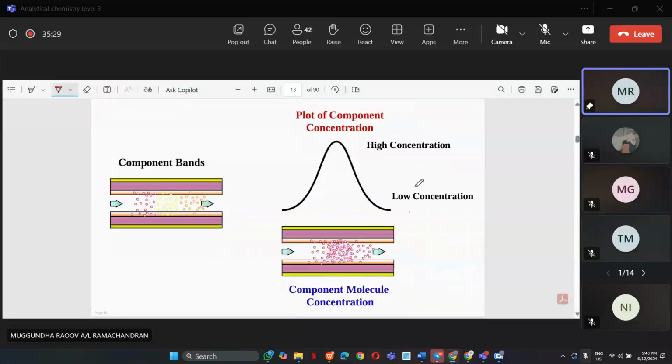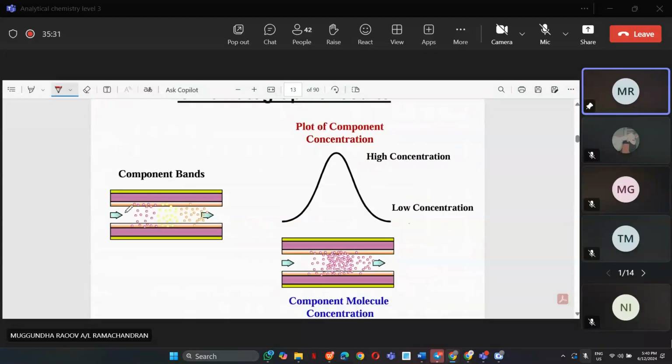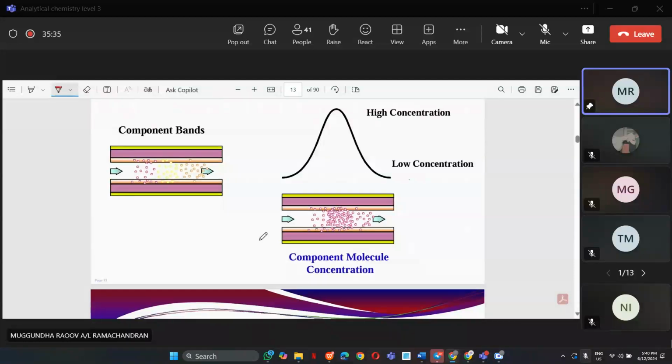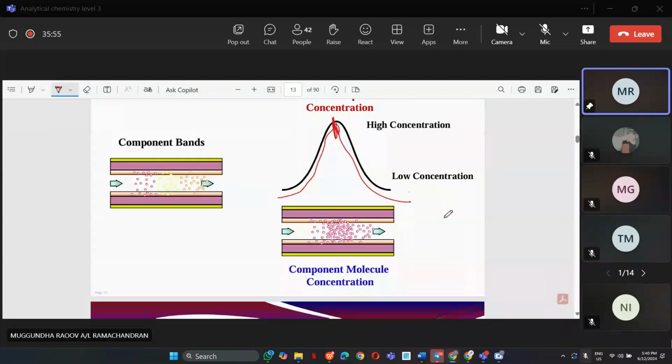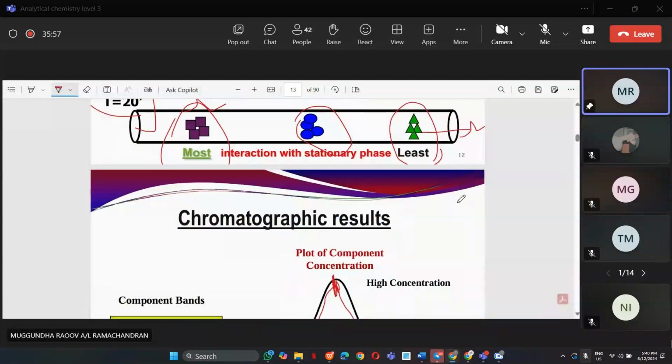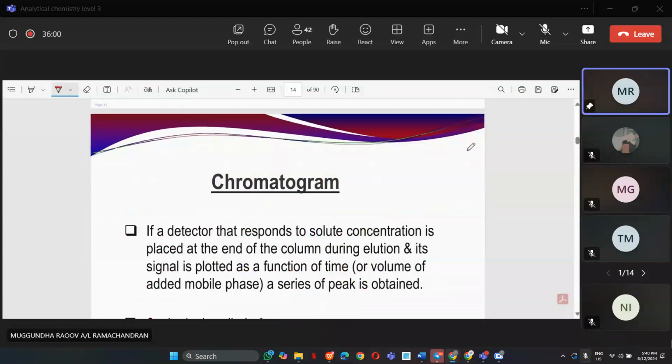Class, if you look at these component bands here, this is the plot of the component concentration. When the sample enters the column and exits the column, we will get a peak like this in HPLC and GC. At this point, it has a high concentration of the analyte, and then it will go down. This is the basic concept of chromatography.